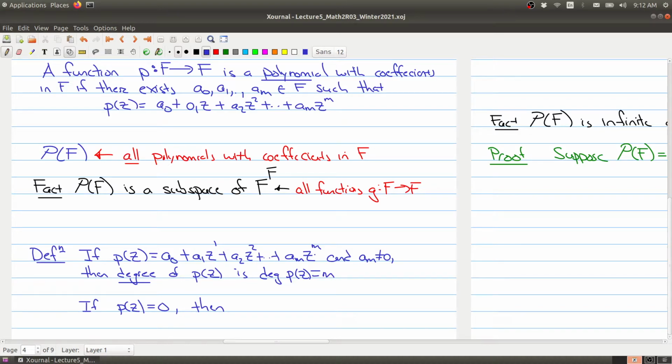So it's the highest exponent appearing in your polynomial. And if the polynomial is 0, then we make the convention that the degree of the 0 polynomial is equal to minus infinity. This varies from textbook to textbook. In some cases 0 is given every degree, and in this textbook 0 is given degree negative infinity.